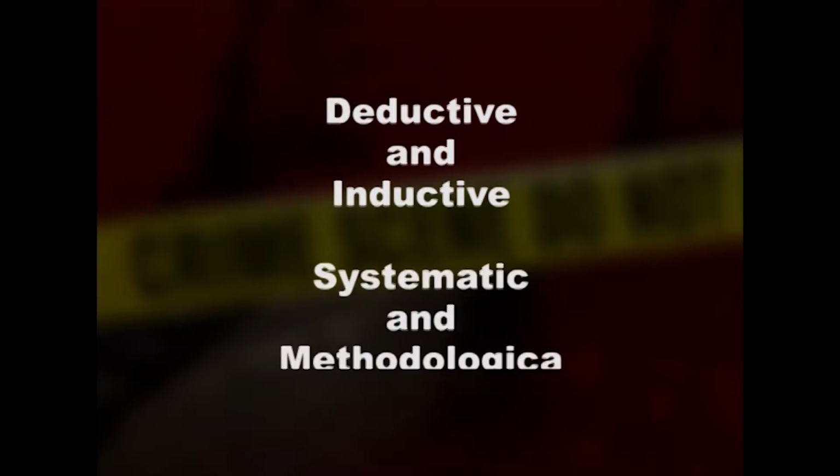In simple words, we can say that crime scene reconstruction not only involves the interpretation and analysis of the scene of crime and laboratory examination of physical evidence, but also includes different types of reasoning such as deductive and inductive, systemic and methodological studies, related information.